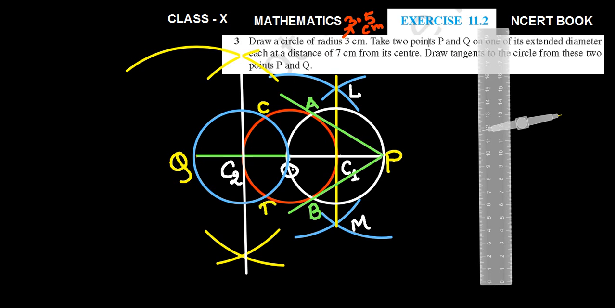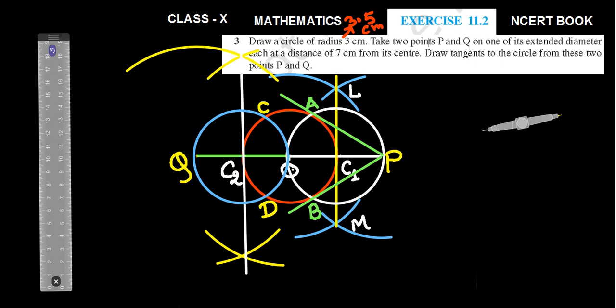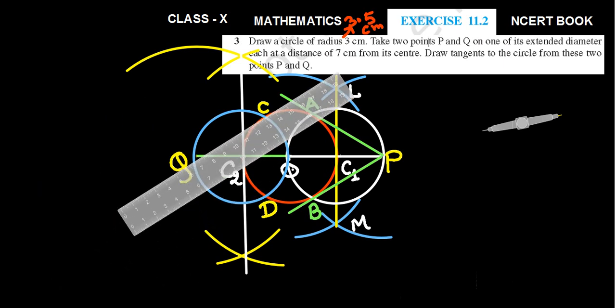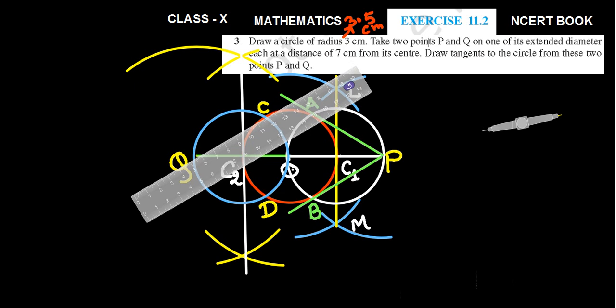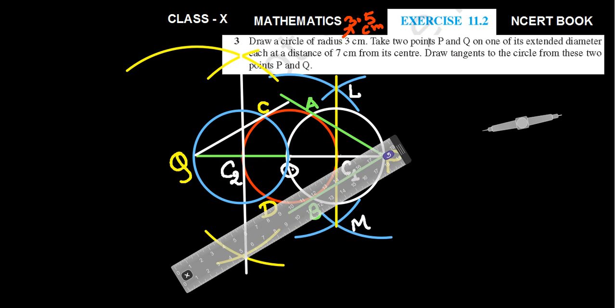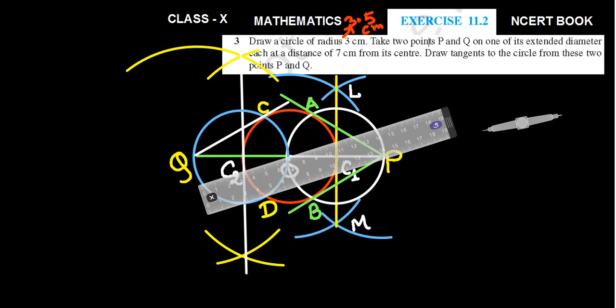Then what we have to do? Very easy. Just join CQ. Now join CQ, you will get a tangent. CQ. We have joined the CQ. Now join DQ.